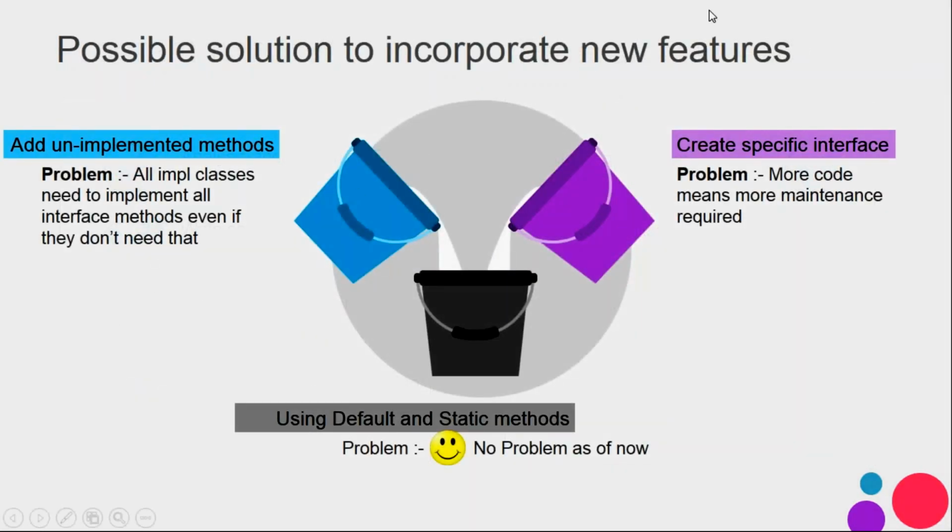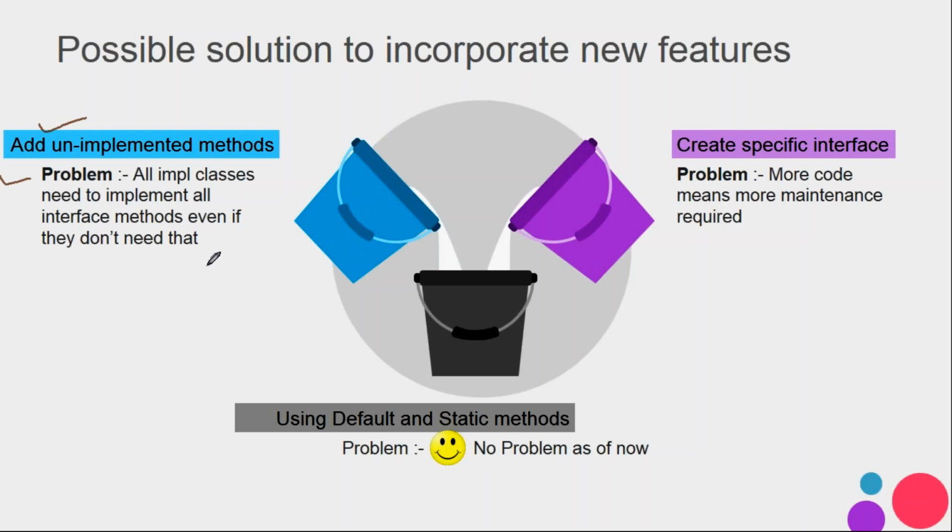So we are enhancing our design. So far, what we have done in this first part is add unimplemented methods. And what was the problem? That all implementation classes need to implement all interface methods even if they don't need them. So now let's have a look at the other way around.